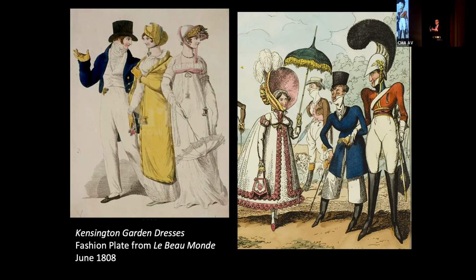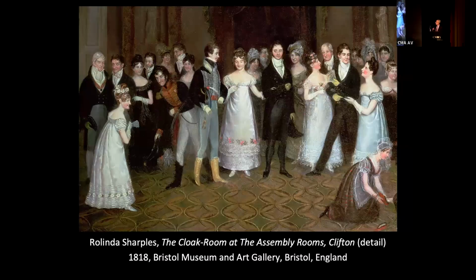Somewhere in between, there's reality and the slight comical exaggeration of reality where you could make that work. So I think Jane Austen understands that. Rolinda Sharples understood it. There's just enough social commentary and social satire in this painting as there is in Jane Austen novels, but there's also sort of higher ideals of wanting to achieve a kind of gracious classical appearance.